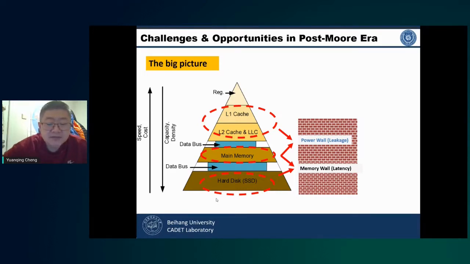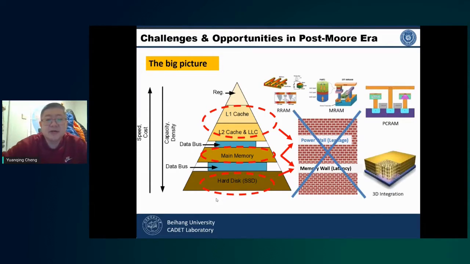To deal with the power wall and memory wall problems, we have many emerging memory technologies that can work together with the conventional CMOS technology, such as resistive RAM, magnetic RAM, or phase change memory.